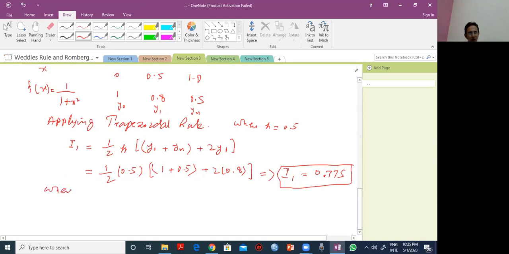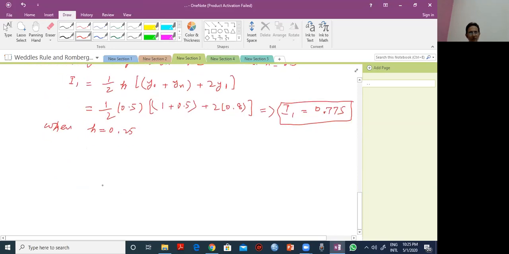Now student, when we consider h equals 0.25, we again make a table of x and f of x equals 1 upon 1 plus x square. First we consider x as 0, 0.25, 0.5, 0.75, 1.0.